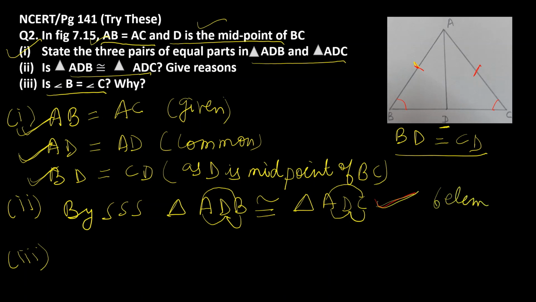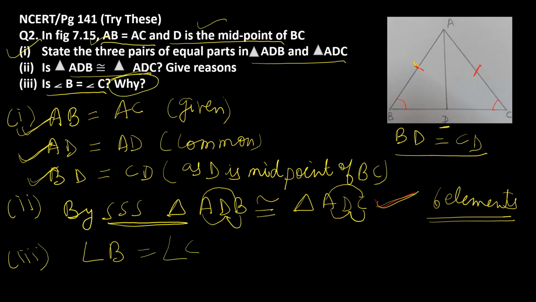We have 6 elements in the triangle, 3 sides we have already proved, and 3 angles are equal by CPCT, right? So this is the reason angle B will be equal to angle C. So we can write angle B equals angle C by CPCT, because these two triangles ADB and ADC are congruent. So state the correct reason. Okay, so this is the correct reason, by CPCT.